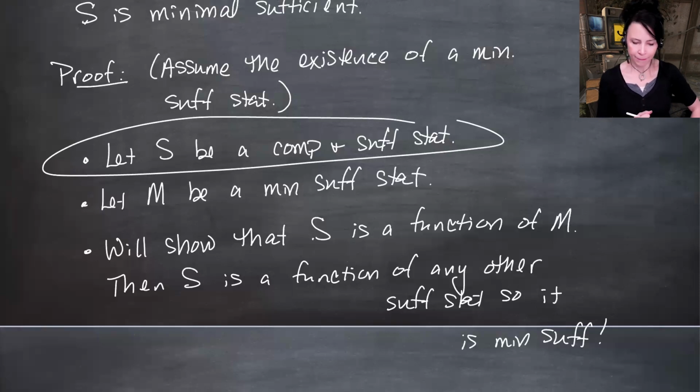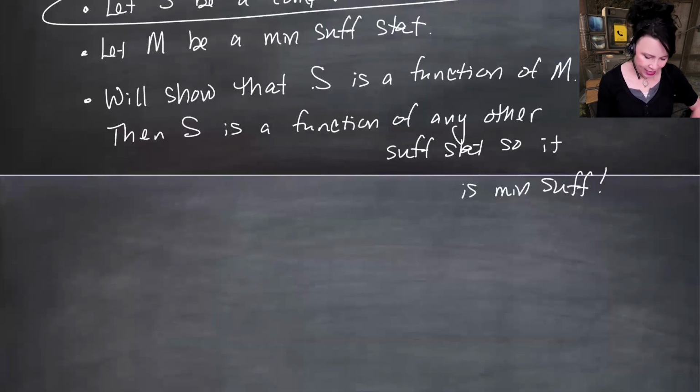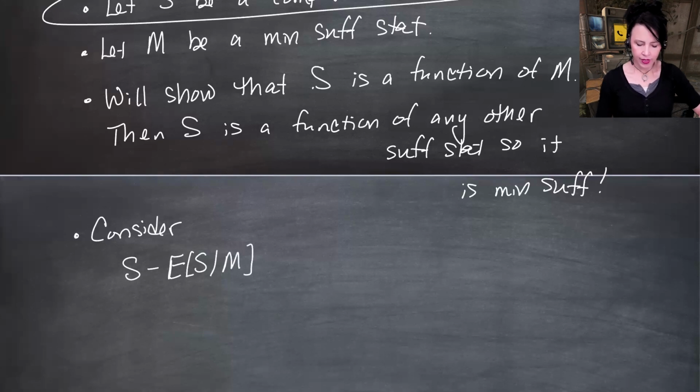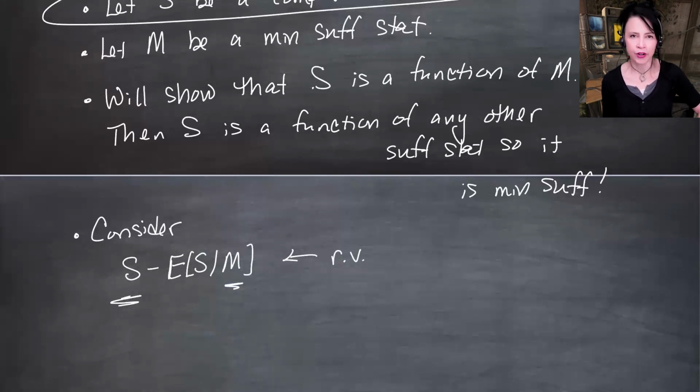Okay, so to show this, I'd like you to consider the expression S minus the expected value of S given M. This is a random variable, right? Because S is capital over here, and this expectation is going to be a function of the capital M. I don't have an M equals little m there. So this is a random quantity.